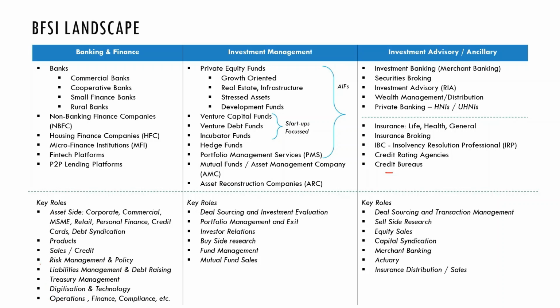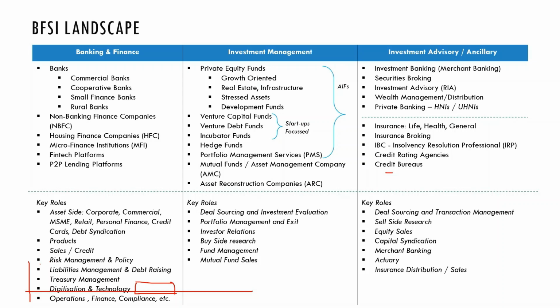Next is digitization and technology. Now, digitization and technology is more of a horizontal than a vertical because it runs through the functions and through the organization and all functions. But a lot of organizations nowadays have a separate dedicated team which is responsible not only for internal digitization of operations, but also a lot of innovation, keeping up with the competition because it's an evolving space.